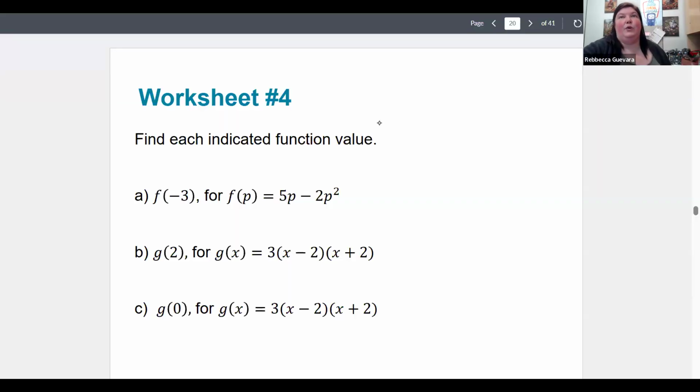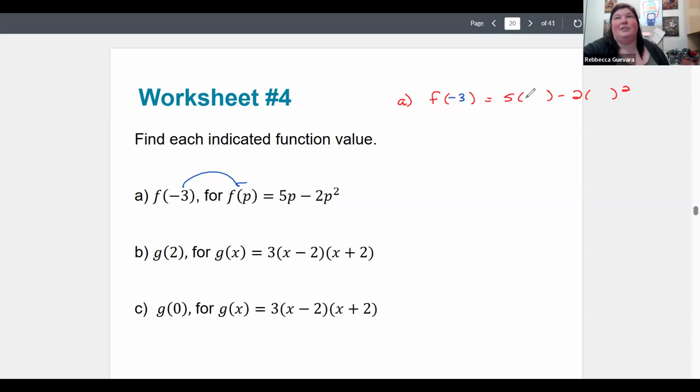Okay, so for A, we want f at -3, where f of p equals 5p minus 2p squared. So every place I had a p, I'm just going to leave an empty spot now, just to help me out here. I'm going to replace p with -3.